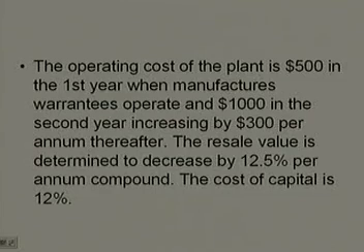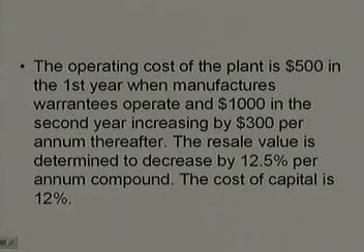So, this is very similar to the problem that we have solved just now. Only thing, the resale value you have to calculate based on the percentage that is given. So, every year you reduce it by 12.5%. So, first year 15,000, next year it would be 15,000 less 12.5% of 15,000, and like this you calculate the resale value, and you are given the operating cost in the first year as $500, second year $1,000, and every year an increase of $300.